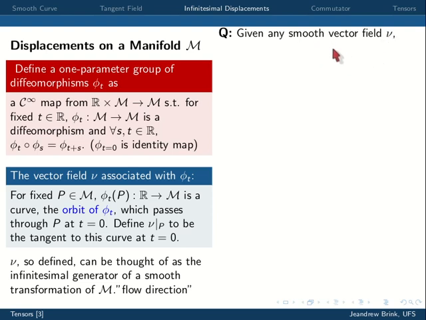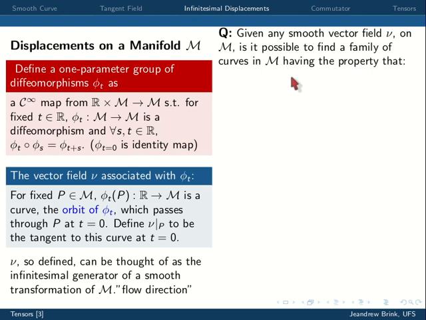Okay. So if you're given any smooth vector field on M, is it possible to find a family of curves on M that have the property that one and only one curve passes through each point P?